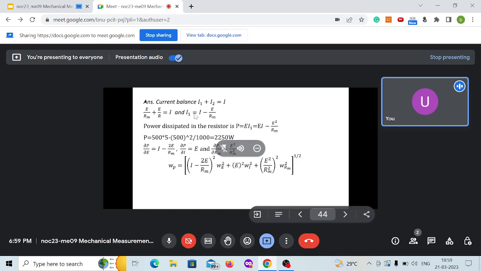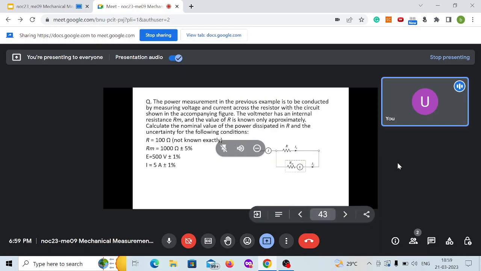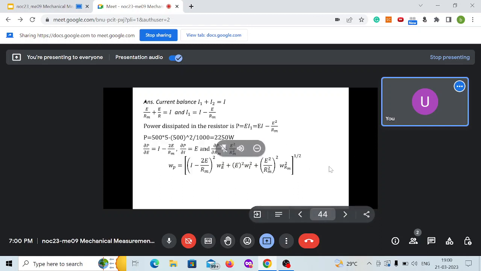So substitute the I2 value and we can get the I1 value. The power dissipated in the resistor is P equals E into I1, because the I1 current flows across E. So substituting the I1 relation, we get E into I minus E square by Rm.